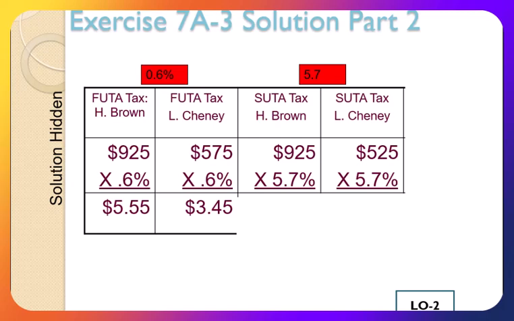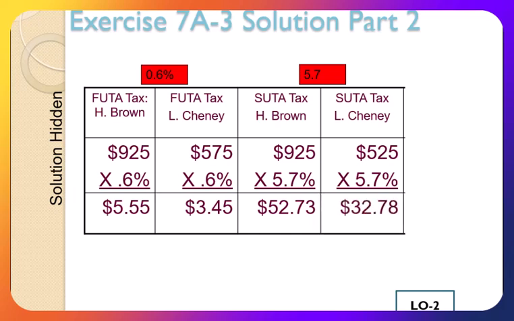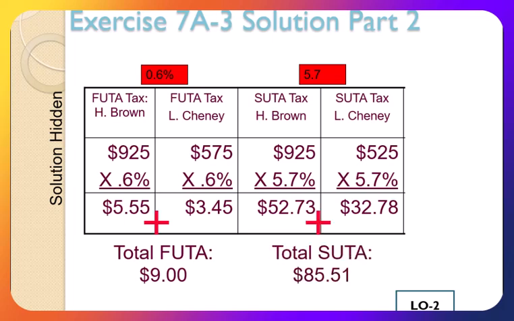For Brown's SUTA tax, we have 925 times 5.7% for $52.73. And for Cheney's, it's 575 times that 5.7% SUTA rate again for $32.78. Then we combine the FUTAs for $9 and combine the SUTAs for $85.51.